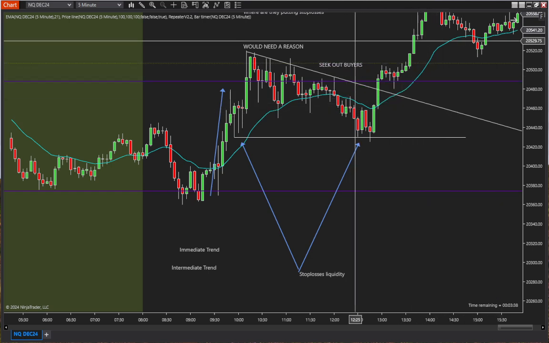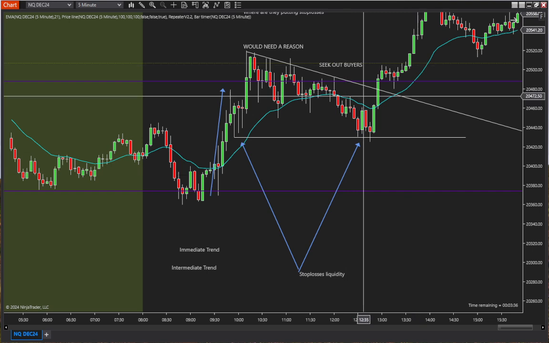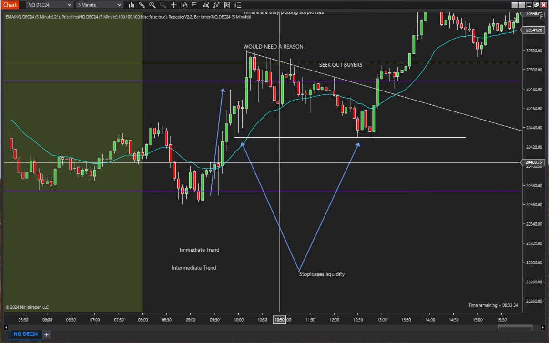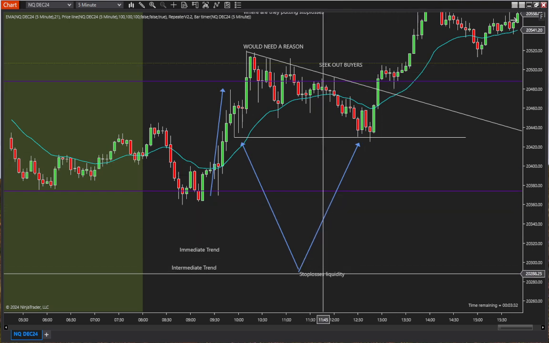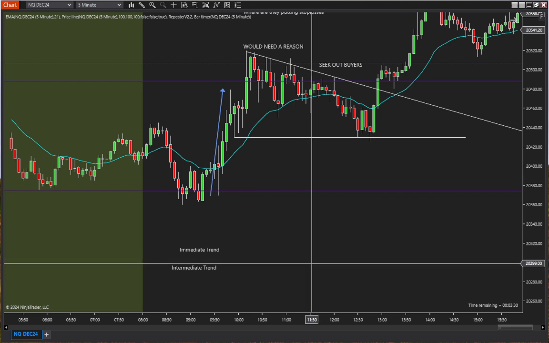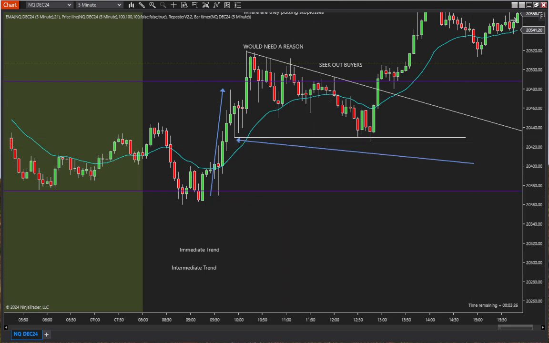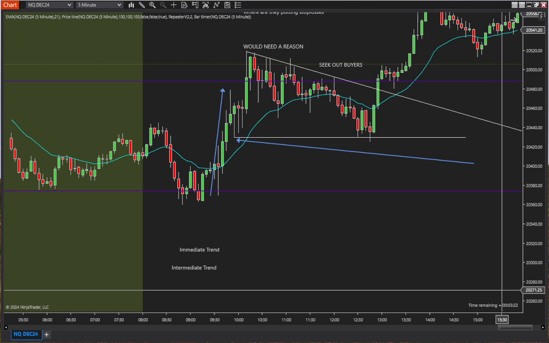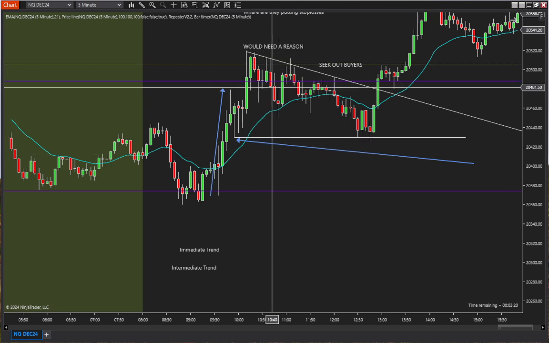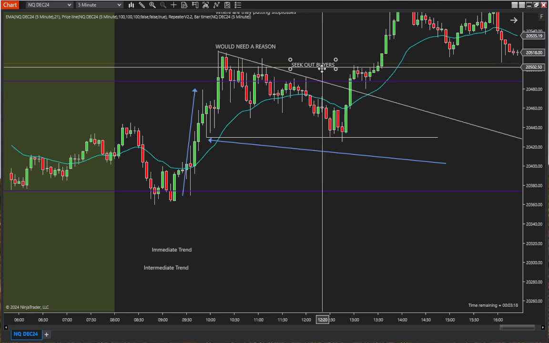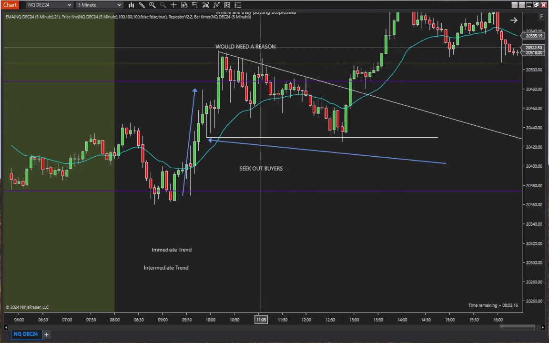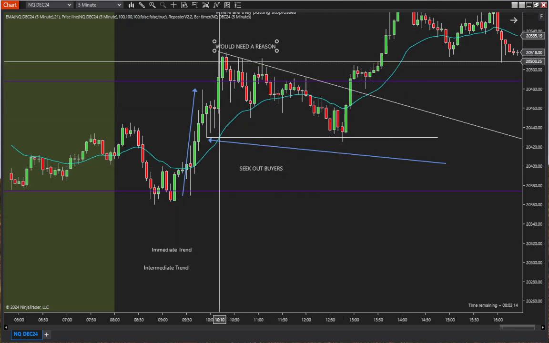Price is not moving higher. Where are we going to go? Seek out buyers. Where do we know the last location of the buyers? Last location of the buyers is right here. Just slow it down real quick. If price is not breaking out, we need to seek out buyers because we need a reason to break above.